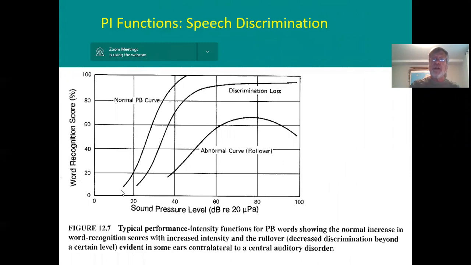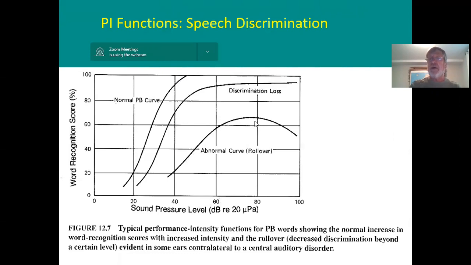So if you've got normal hearing, really soft, you do poorly. And when you're around 40 decibels, you're doing pretty good. But when you've got sensory neural loss, you never really get 100% because you got some hair cell damage, even at louder levels. Okay? Remember, the intensity level goes along the horizontal, and the vertical shows percent correct.